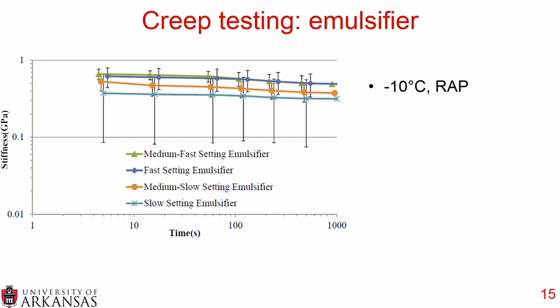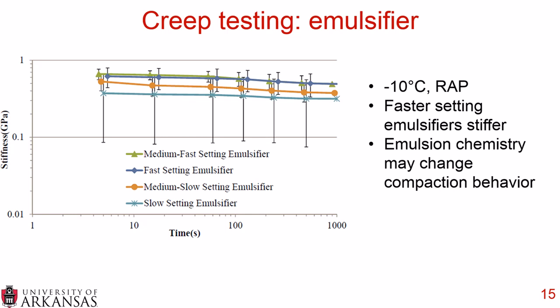Now looking here at the creep testing based on the emulsifier, all these tests were at negative 10 degrees Celsius and they used 100% wrap. And you can see here that you have a medium fast, a fast setting, a medium slow, and a slow setting emulsifier. And you can see in general, as the emulsifier speed decreased, the stiffness also decreased.